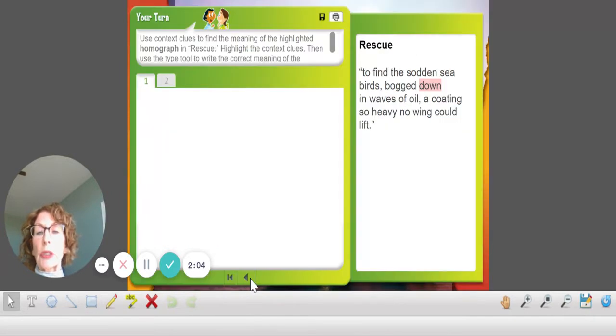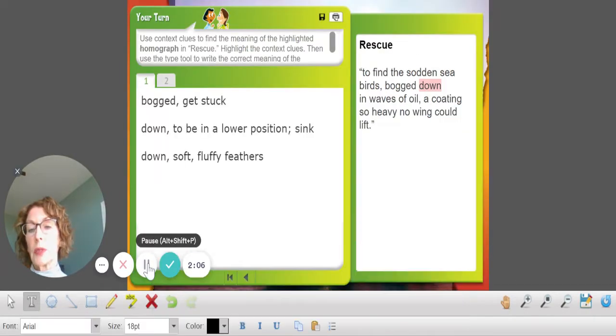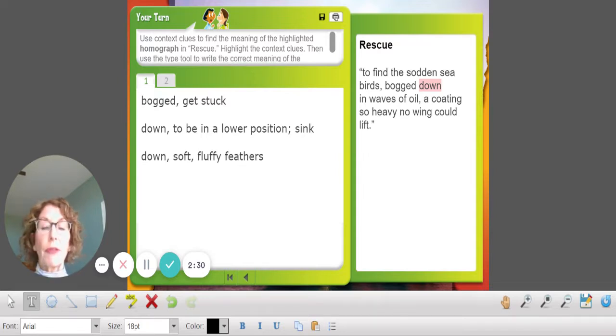All right, let's take a look at another couple of examples. Let's just take a look at this your turn activity. We're asked to read the passage and focus on the highlighted homograph. In this case, the homograph is down. So we know that down can mean to be in a lower position or sink, and then another meaning of down would be soft, fluffy feathers.